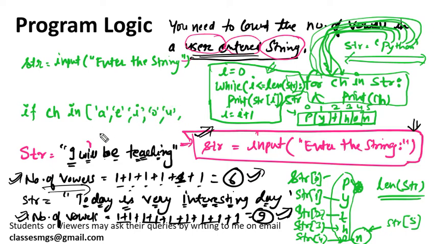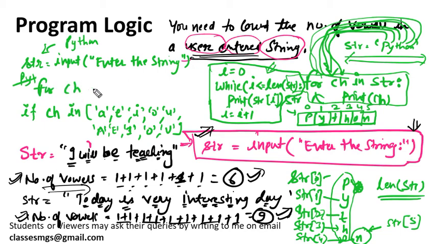If your character is in this list: capital A, capital E, capital I, capital O, and capital U. Let's suppose the user has entered Python in this string, and you are applying this for loop, for ch in str, and you are giving this condition, then what is supposed to happen here?